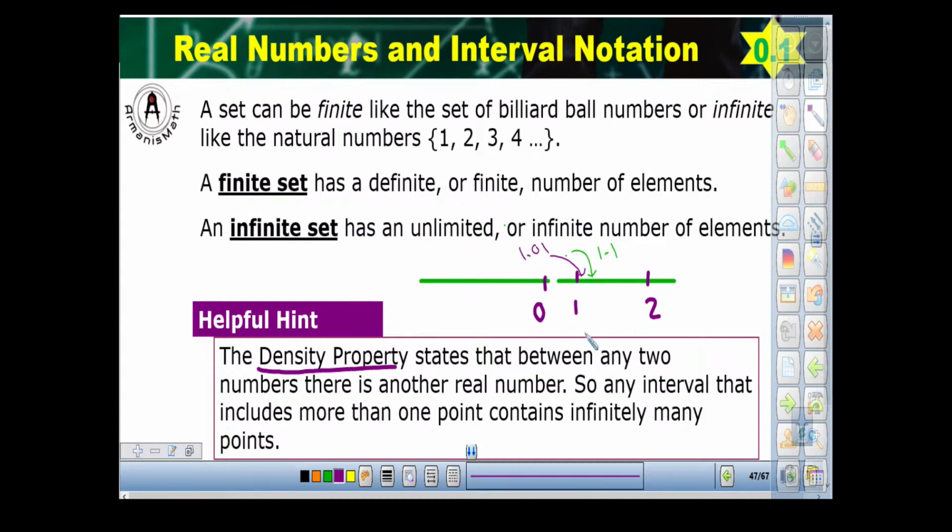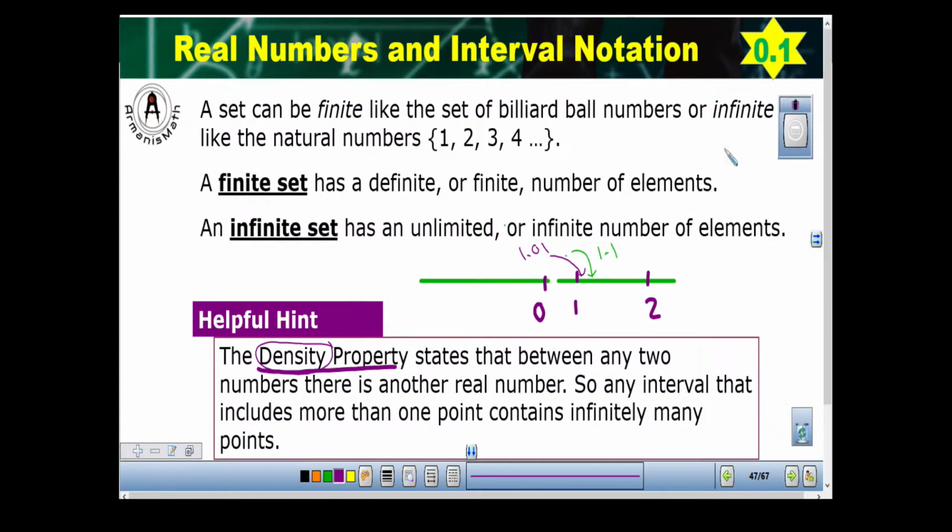Another person would say, no, I could find a smaller value, 1.00001. So there is a lot of numbers, and we call this the density property. It's so dense, between 1 and 2 there's a lot of numbers.